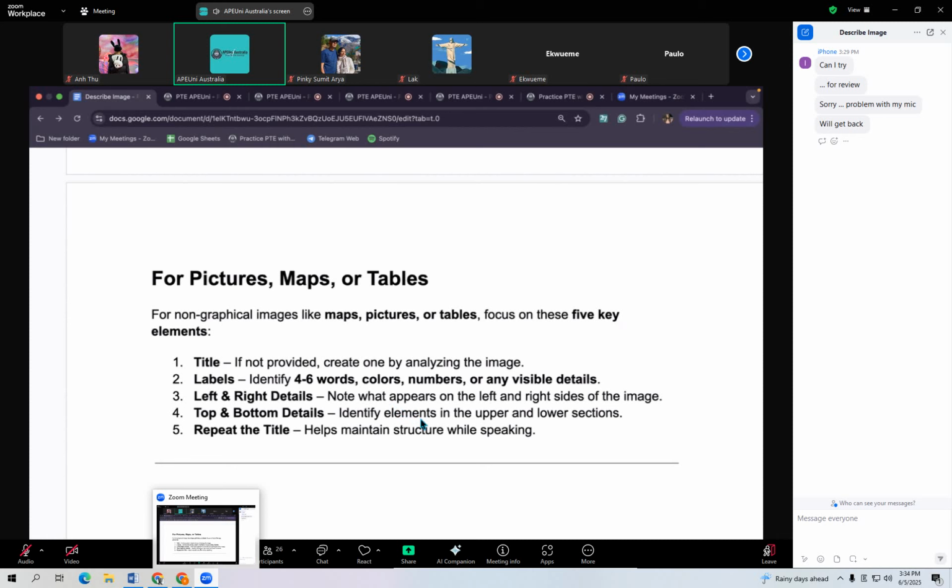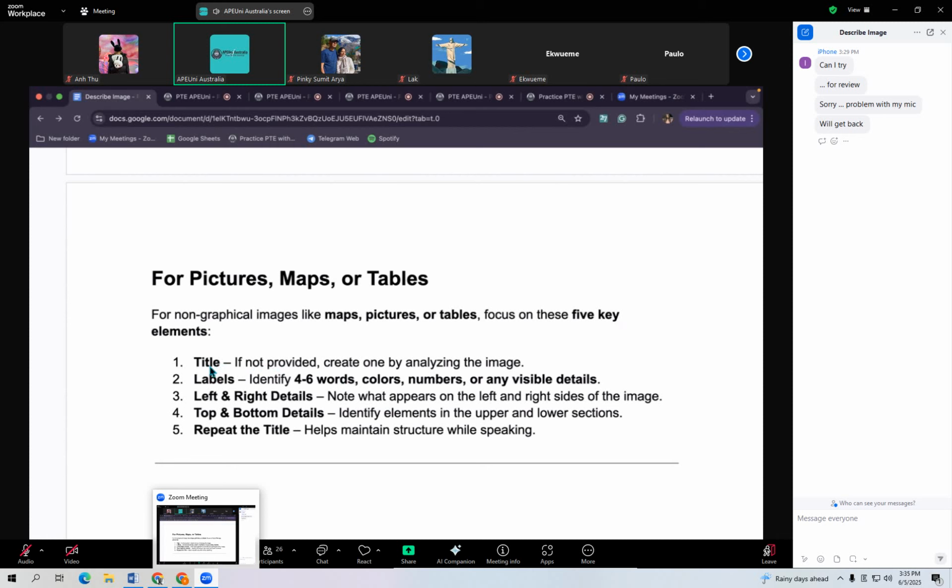Lastly, after analyzing this image, it can be concluded that there is an increasing and a decreasing trend of whatever you said in the first line as your title, right? So: title, labels, left side, right side, top and bottom, repeat the title. For pictures, maps, tables. Once again, everybody: component number 1, the title.